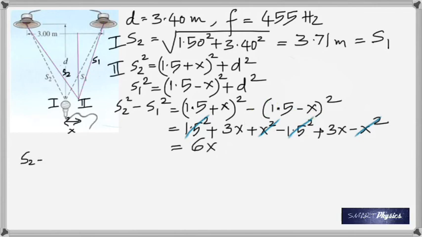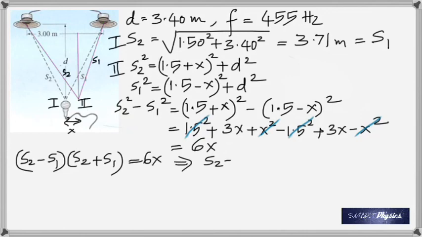So you get rid of all those terms or cancel out, and you just have 6x. But again, as I said, s2 minus s1 times s2 plus s1 is what you can write this as. So that's equal to 6x, and then rearrange to make s2 minus s1 the subject.